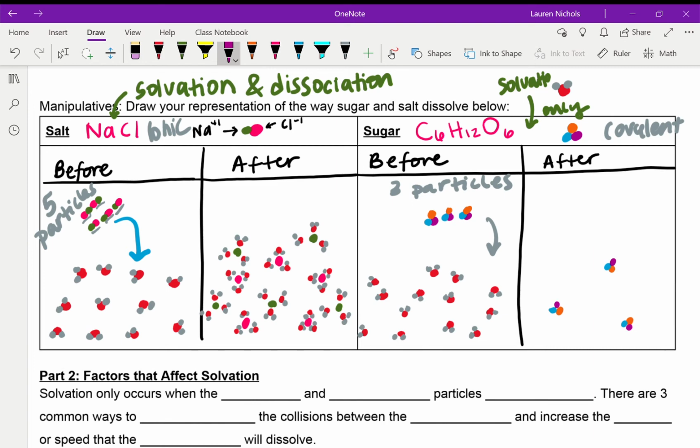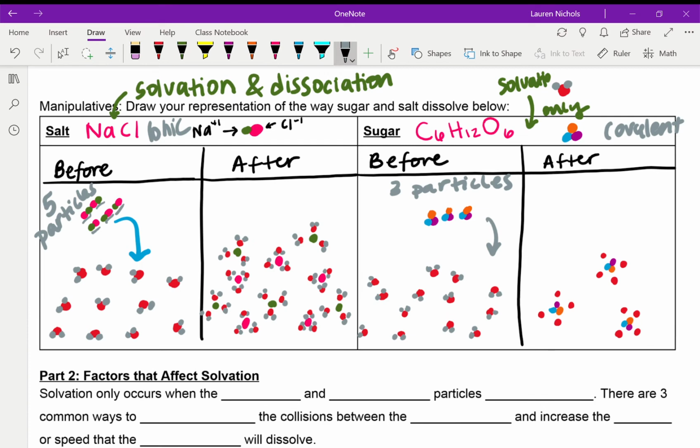Now, because sugar is covalent, they are not going to have partial or negative charges. So that means when sugar dissolves, you're going to have water surround all of the particles, but it's not going to matter whether or not oxygen or hydrogen is closest.